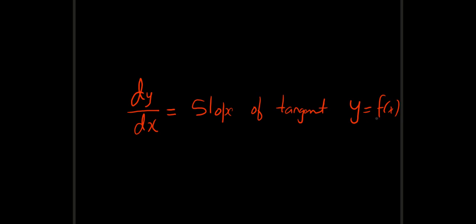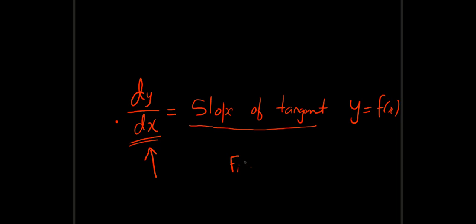Okay, right now I'm going to stop this video, but in the next video I'll give you a clear cut idea and the derivation of how dy by dx becomes the slope of tangent, and we'll be learning about first principles.